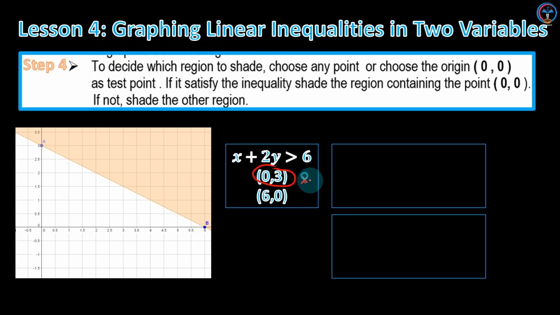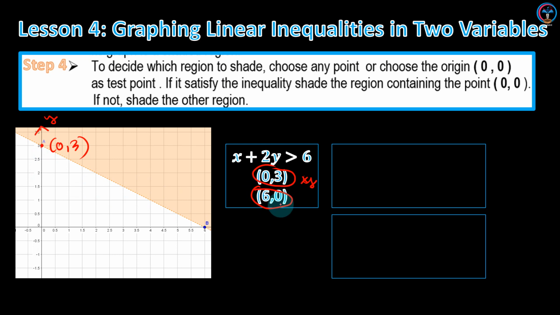This is the y-intercept, the point 0, 3 that crosses the y-axis. Is that clear?